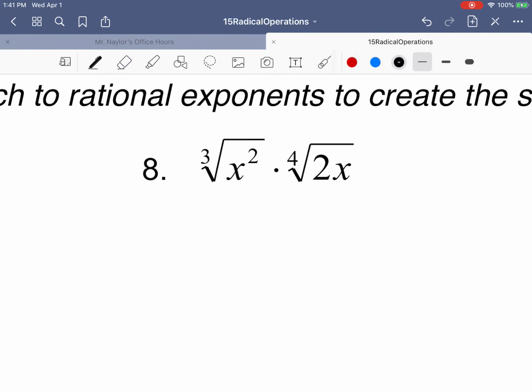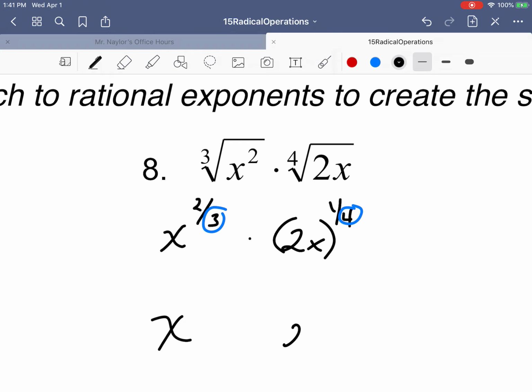This looks like a lot of fun, but still, what we can do is we can change to a rational exponent. I can change to 2/3. I can change to 1/4. And the whole idea here is to notice that your 2/3 and your 1/4, the denominators can both become 12s.